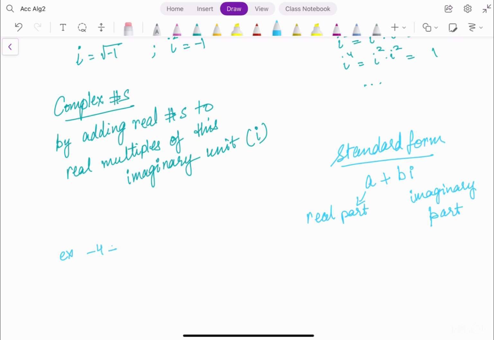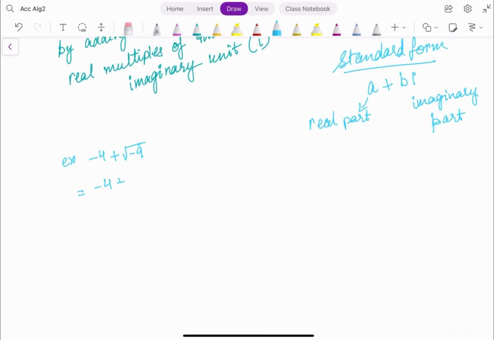Let's take one example: negative 4 plus the radical of negative 9. Until now we would say we don't have any real solution. But now that we know complex numbers, we can rewrite it as the radical of negative 1 times the radical of 9, and the radical of negative 1 is nothing but i.